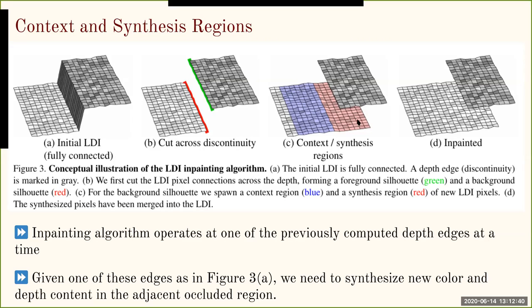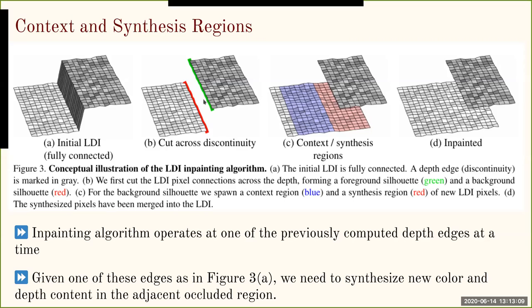Here we are using inpainting on the red portion, and here we are using the context-aware synthesis region. After that, we have made two layers using the LDI: this portion has the LDI and this portion has the initial LDI. Now we can move this and create an immersive experience.